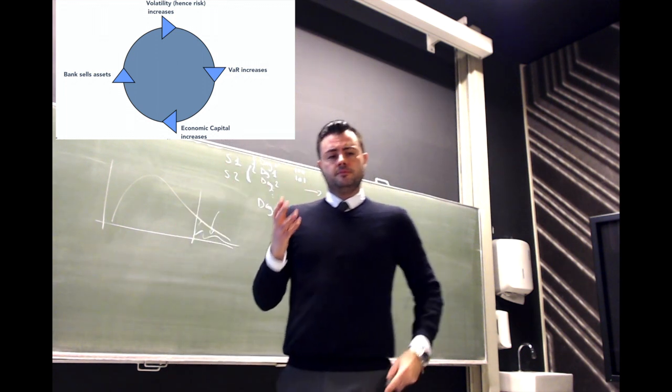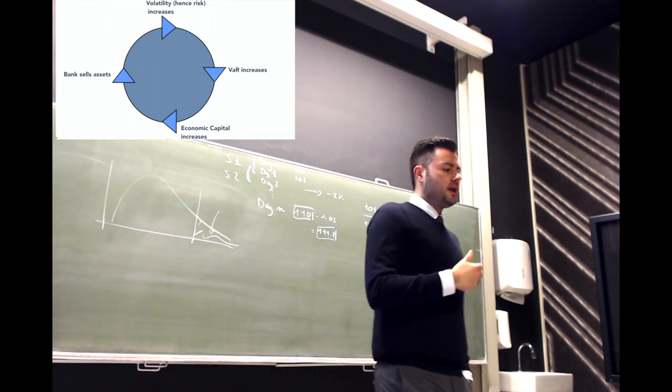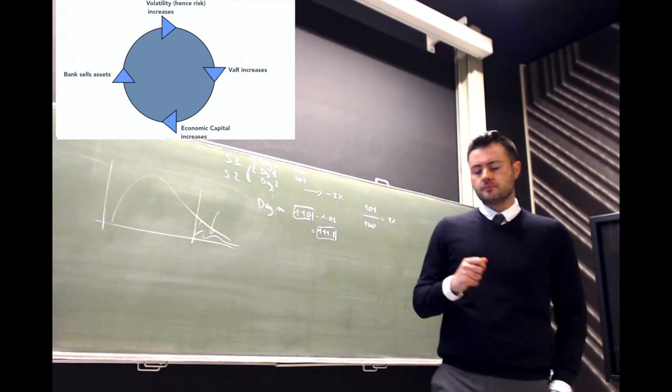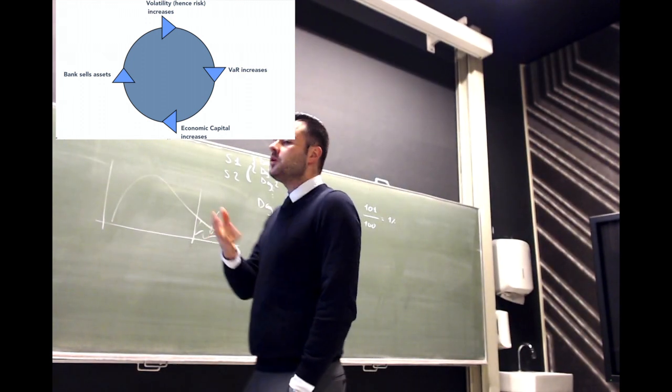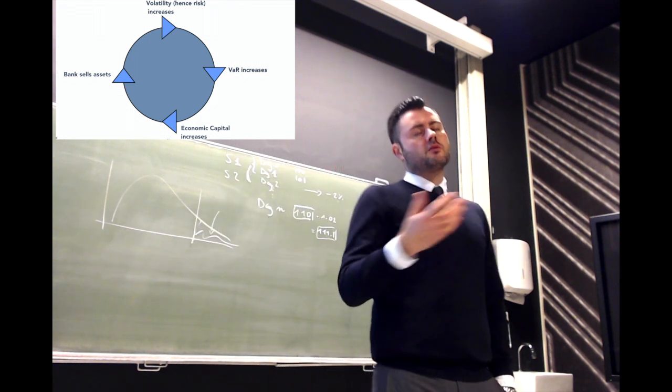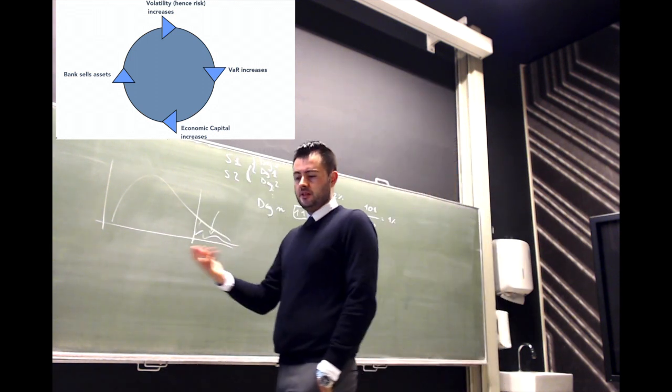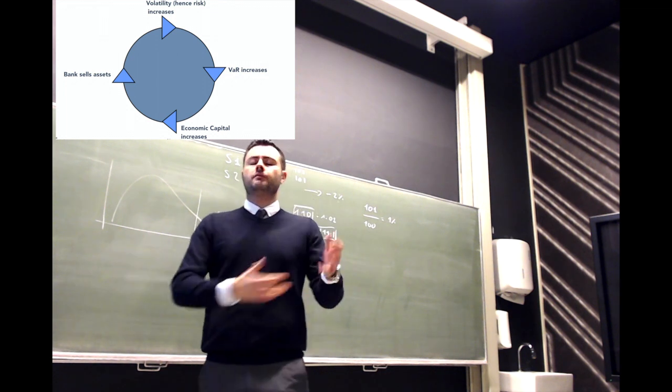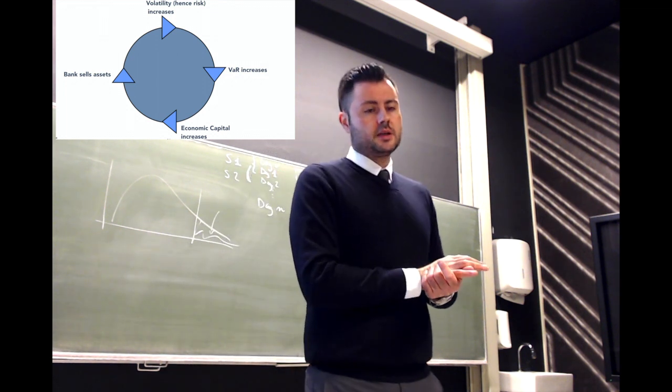Now, imagine that you are a bank, and at a certain point, there is a crisis on the market. A typical sign of crisis on the market that generates difficulty for banks is when volatility increases on the market.